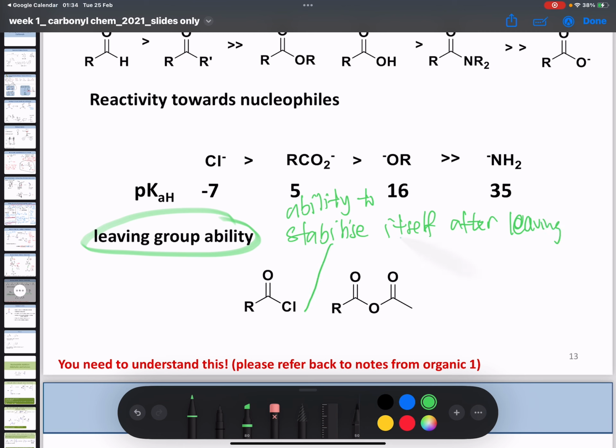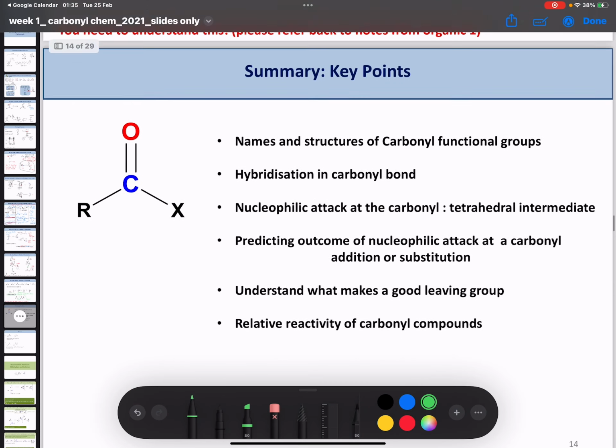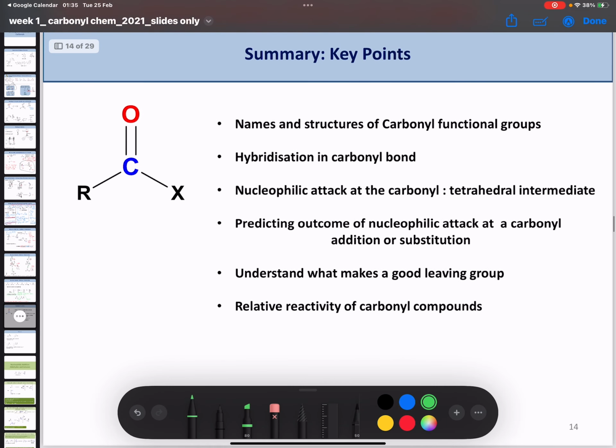Again, that means induction and resonance. Okay, that's the key points for the first part.